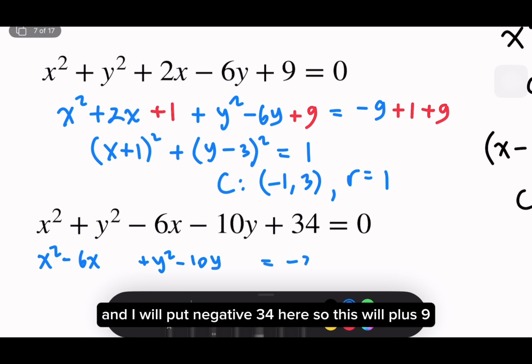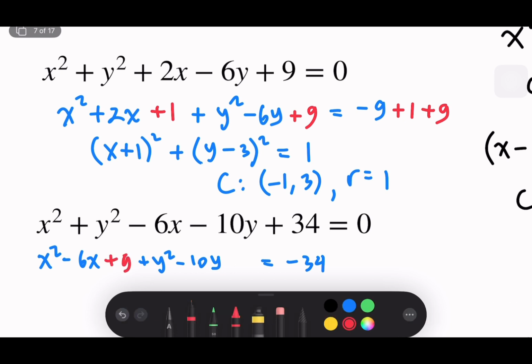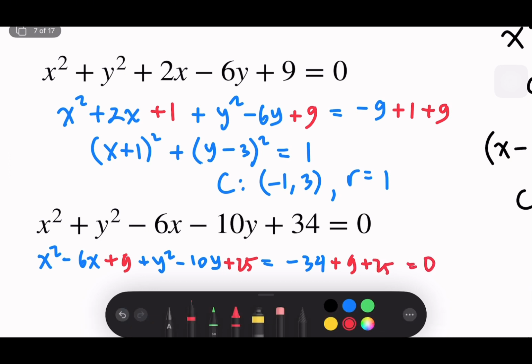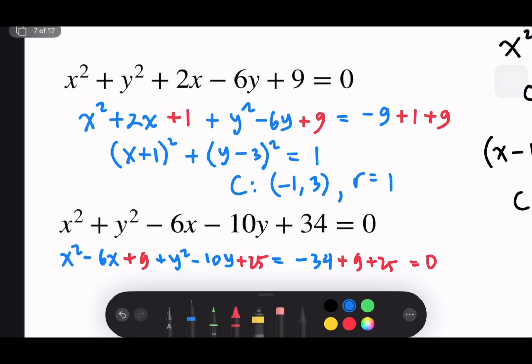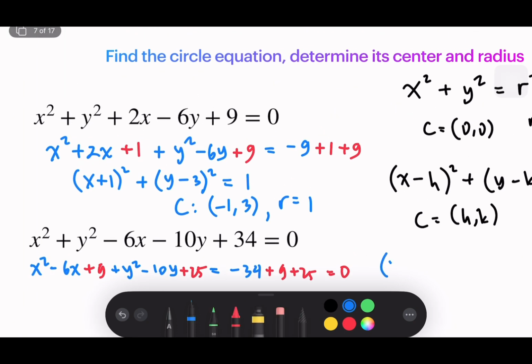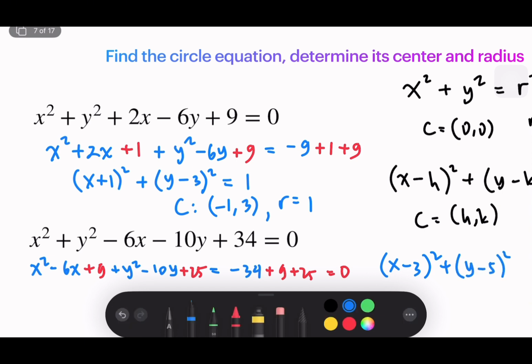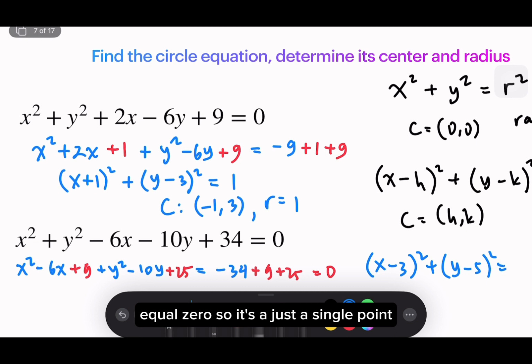And I will put negative 34 here. So this will be plus 9, plus 25, which is 34, minus 34 is 0, right? Which means that this will be (x minus 3) squared plus (y minus 5) squared equals 0.